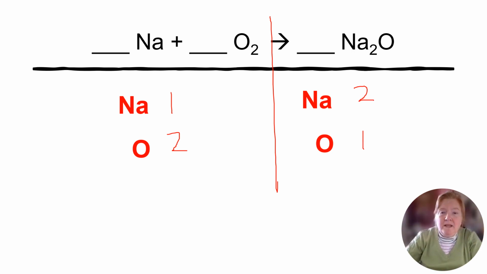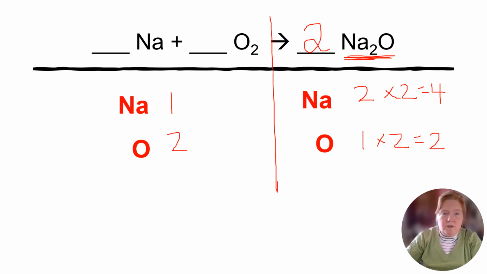Now, I'm going to try and balance first the one that has more than one element in it, so here. I have one oxygen over here and two over here, so let's fix that. So that means I have two oxygens now, right? But I also have to multiply the sodium times 2. So oxygen is fixed, but sodium is not.